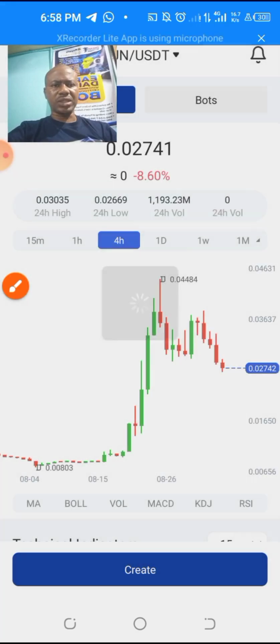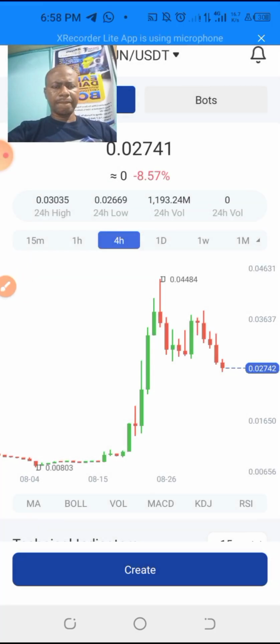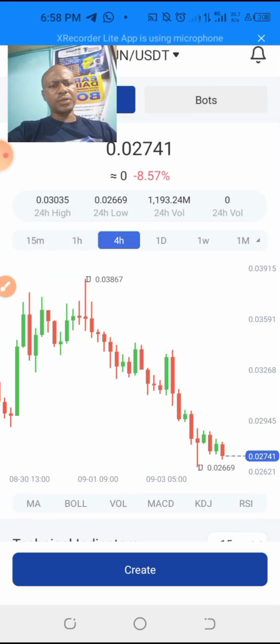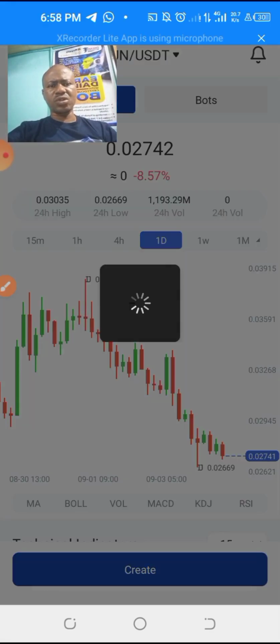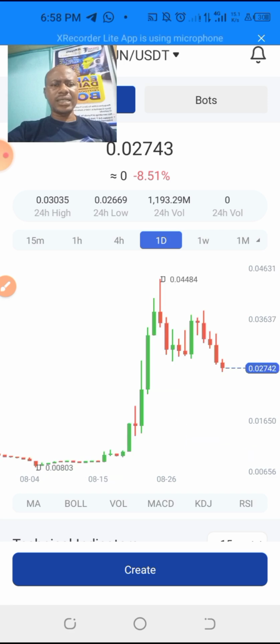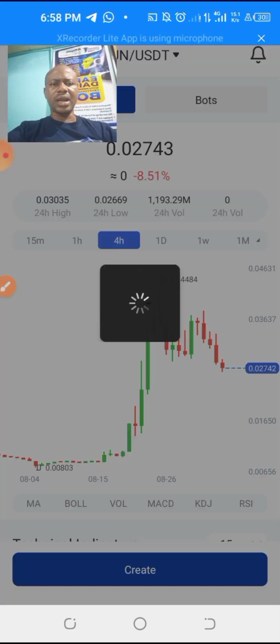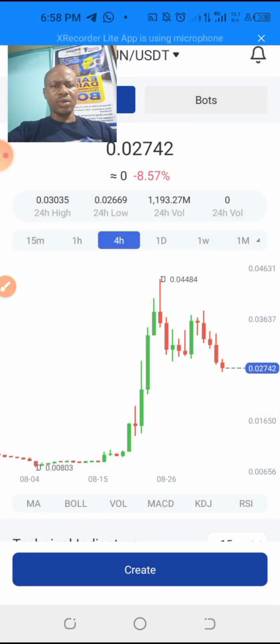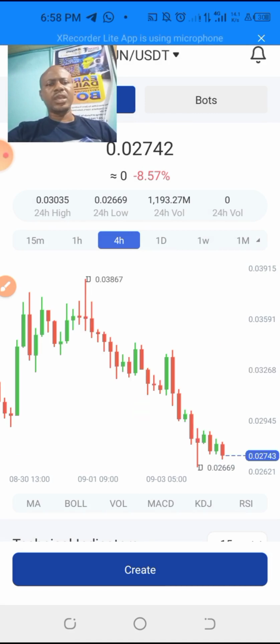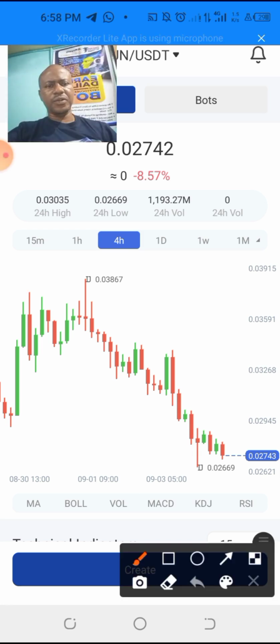On the 4-hour chart, it's on a downward trend, but the daily chart is hanging. If anything happens in the market, this coin might dump more. So you can decide to use either, if two of these time frames are okay for you.